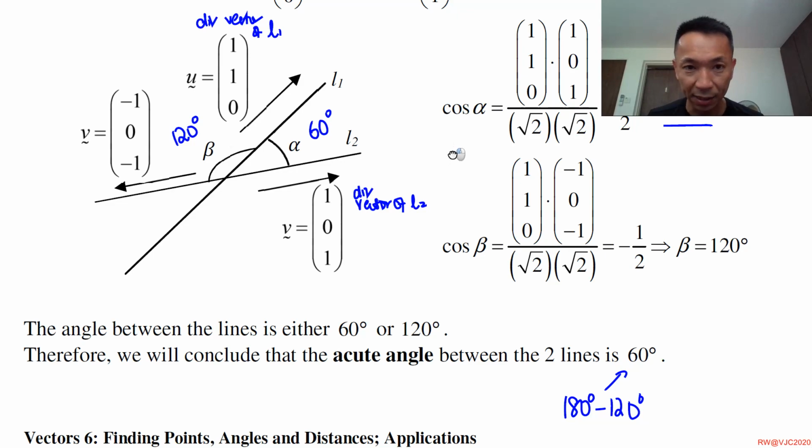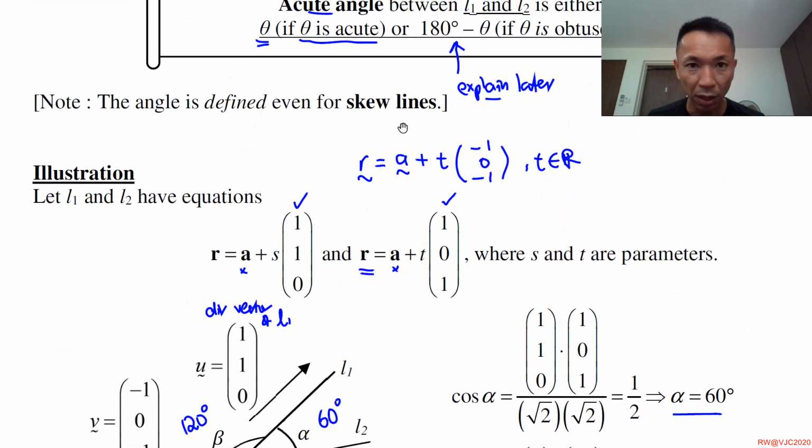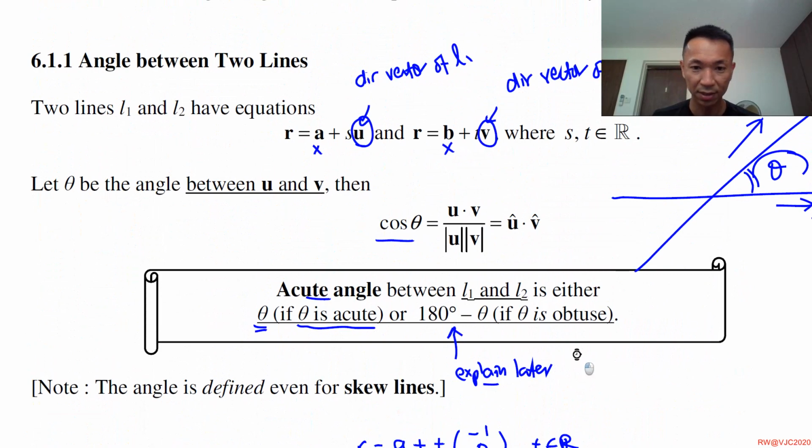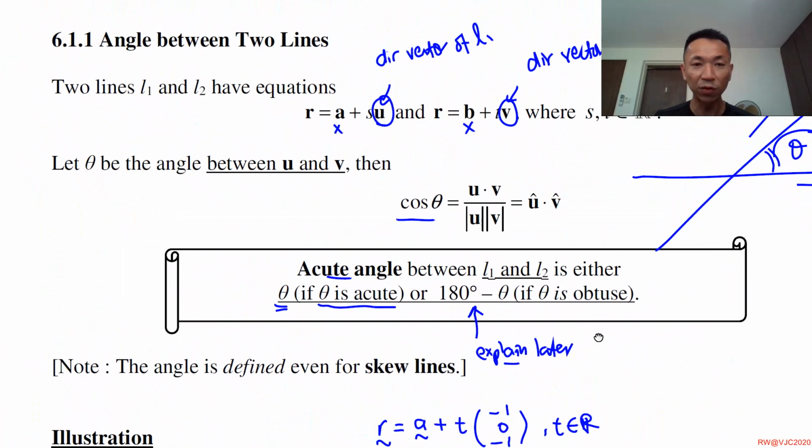So the idea is this. If I have two lines with direction vectors u and v, I take u dot v and get cosine theta, and end up with theta. Theta may be acute. If theta is acute, lucky, good, the angle is just theta. If it's obtuse, then you have to take 180 minus theta to get the acute angle.